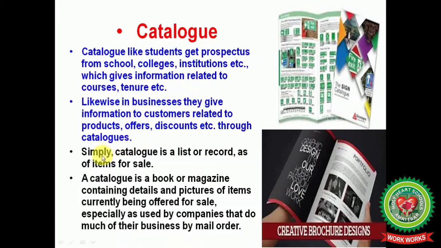So we can say that a catalog is a list or record of items for sale, or a book or magazine containing details and pictures of items currently being offered for sale, especially as used by companies that do much of their business by mail order. At that time we need a catalog to show that these are the products available in the market or available from the producer.